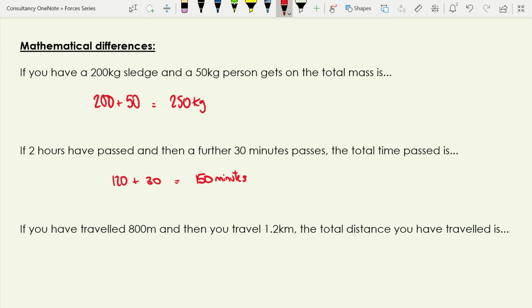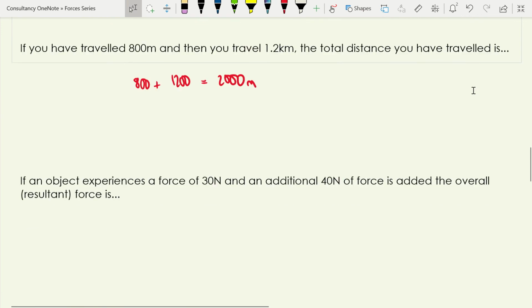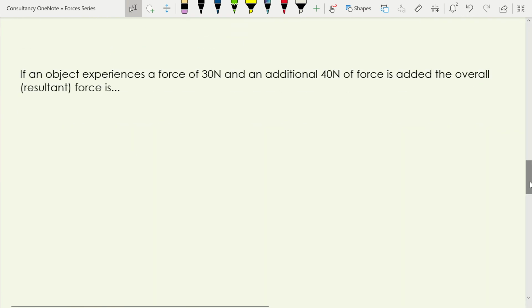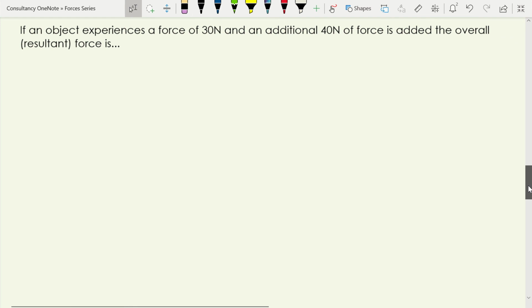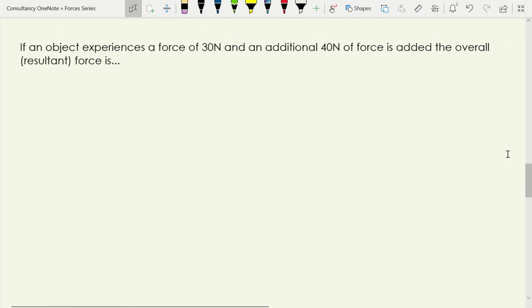If you have traveled 800 meters and then you travel 1.2 kilometers, the total distance you have traveled is, again, same idea. Okay, we have to make a conversion, but we're still just adding together our numbers. Scalar maths is simple. Let's have a look at vector maths, and so we can appreciate why it's important we differentiate between scalars and vectors.